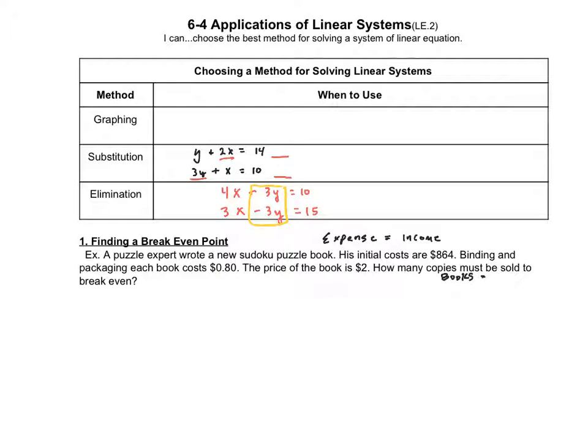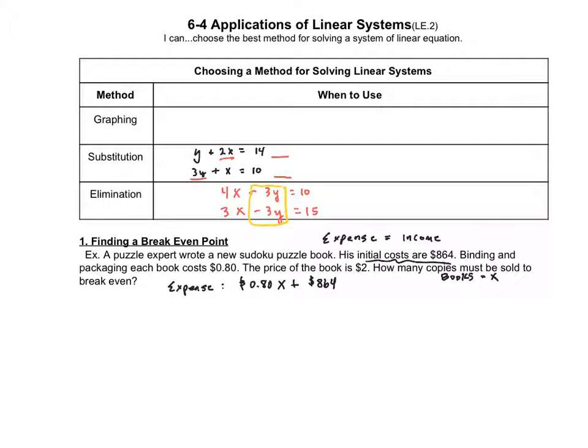So let's go ahead and make books equal to x, because that's going to help us determine the income level or the cost of it. If books equals x, we can think about expenses. Our expenses are going to be the cost of printing the book, which is $0.80 times the number of books plus $864, because that's the initial startup cost.